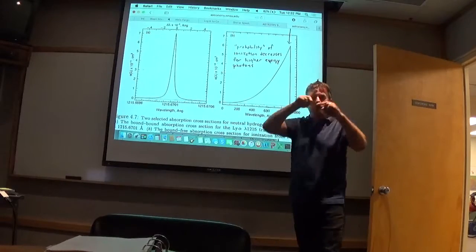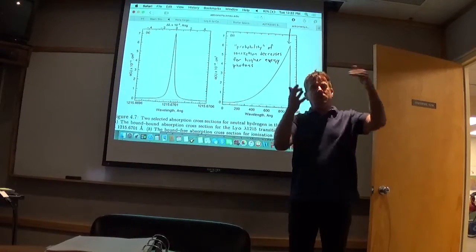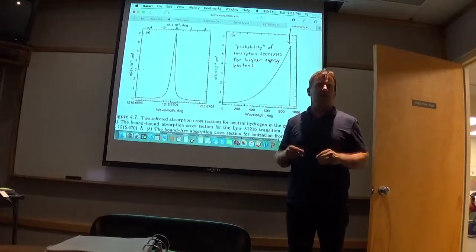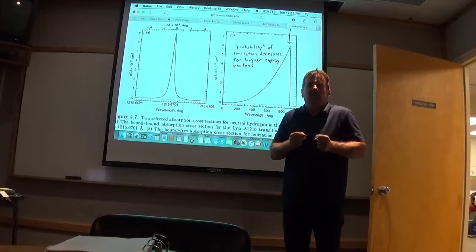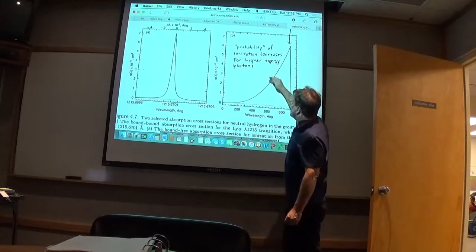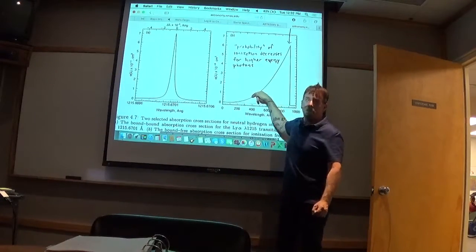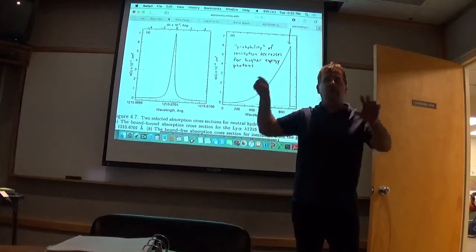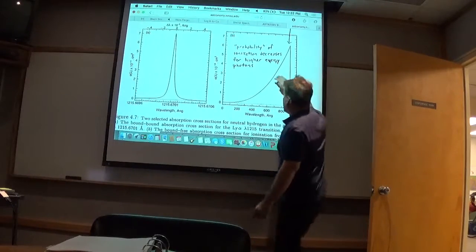As the photon frequency goes up, there's a mismatch between the impulse time and the frequency of the vibration for it to catch it. Okay, so as you go higher and higher in energy, the cross-section, or the probability, I don't want to call cross-section probability, but it's easier to think of them that way, actually decreases.